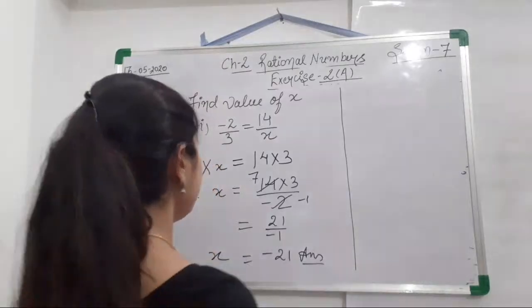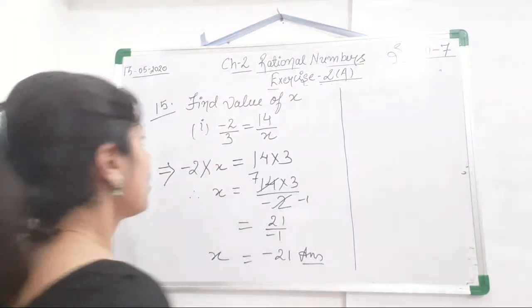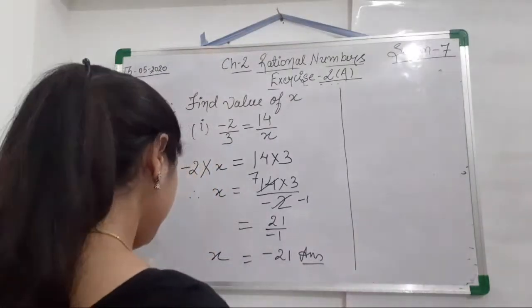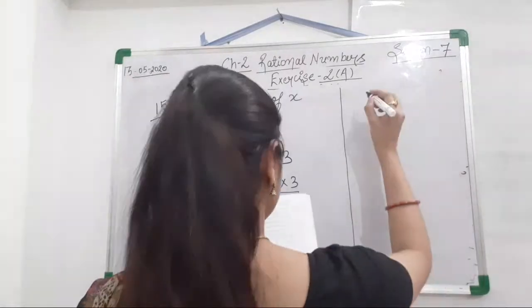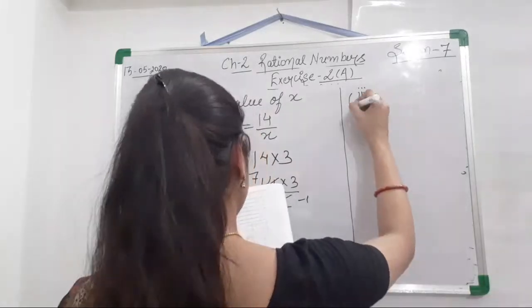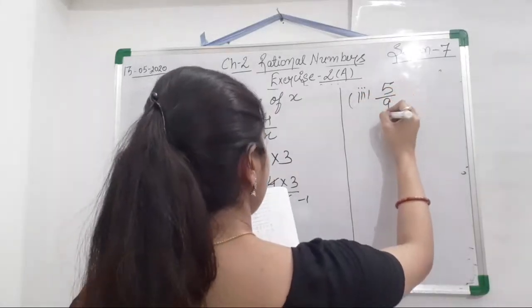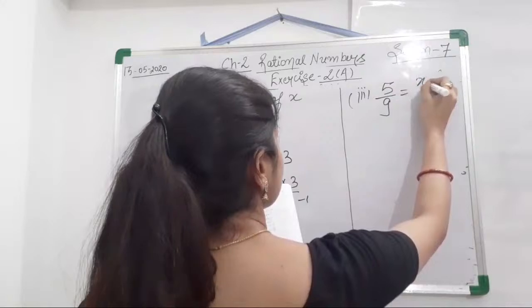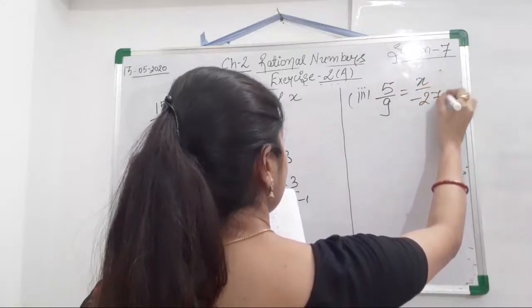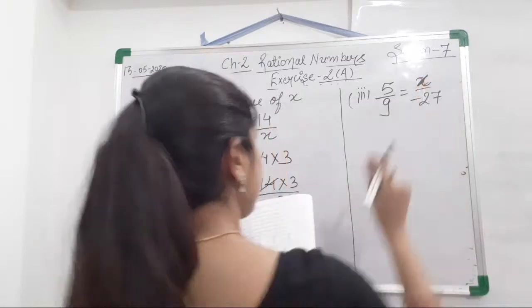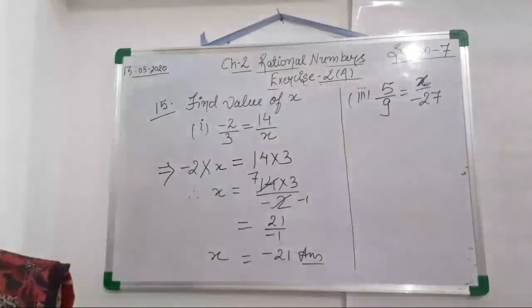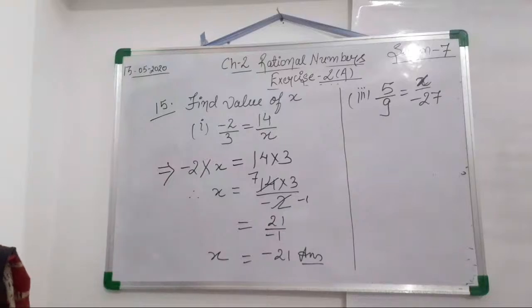Next question is the third one: 5 upon 9 is equal to x upon minus 27. Now let us find this one.